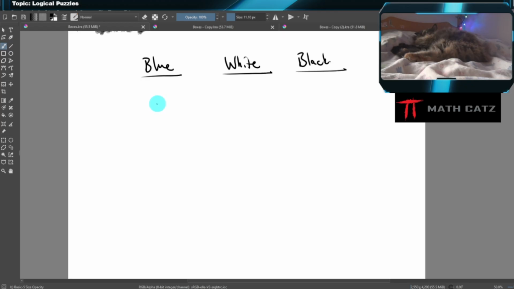I know there is one with the contents of gems and the others are empty. So we could say, oh, maybe the gems are in the blue box, then these ones are empty and empty. That's one scenario. Or we can have empty, this one has gems, this one is empty.